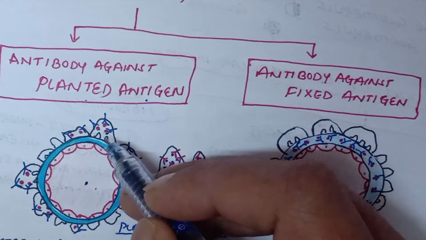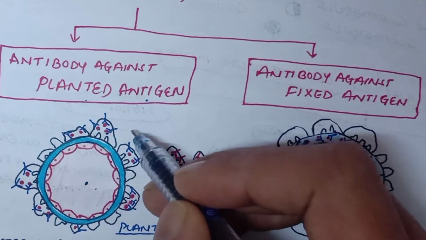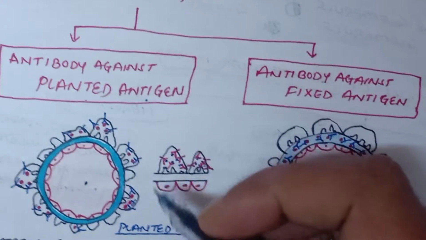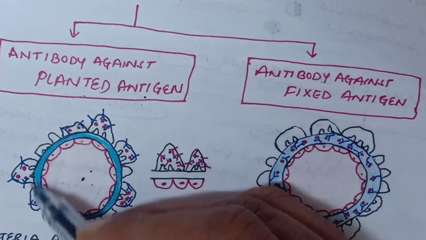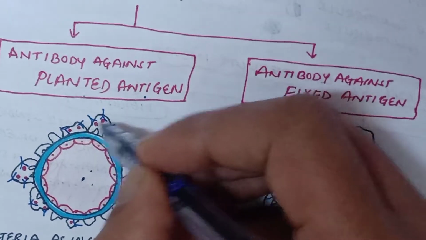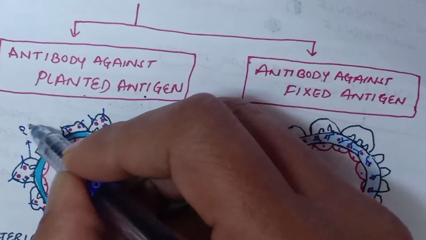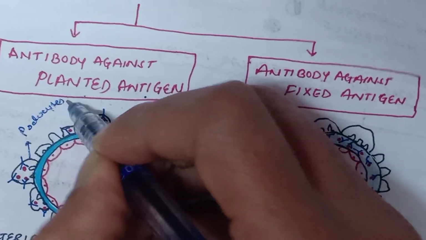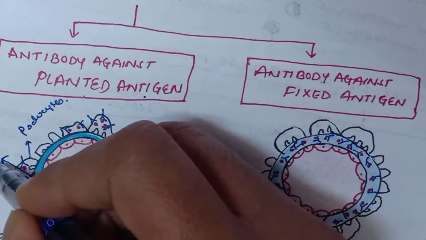So this will disturb the filtration barrier and will result in glomerulonephritis. So once again, this diagram is representing a filtration barrier where the outer layer is the podocytes or the visceral epithelial cell. This blue one is the basement membrane.